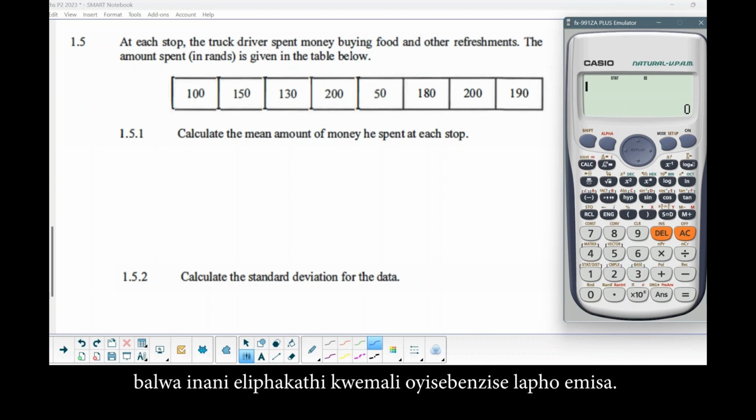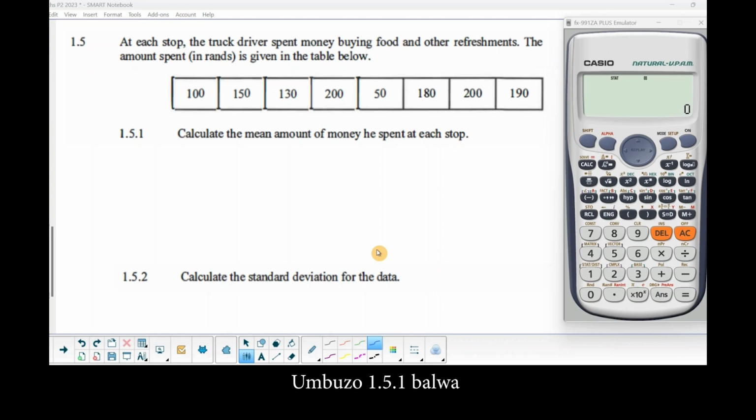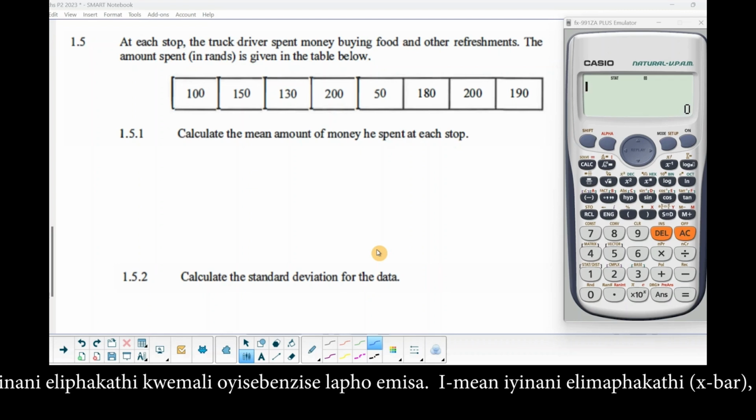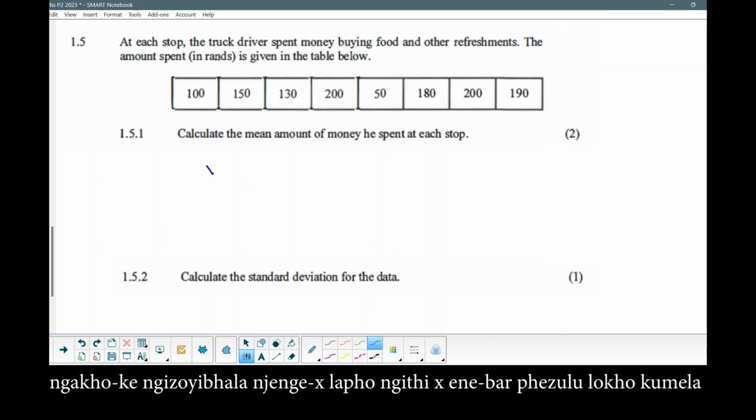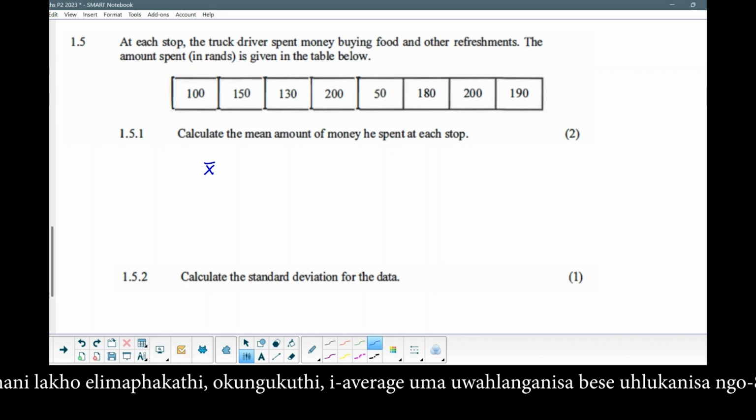Calculate the mean amount of money he spent at each stop. So 1.5.1, calculate the mean amount of money he spent at each stop. Mean is X bar. So I'll write it as X. When I say X with the bar at the top, that represents your mean. It is the average if you add up and divide by 8.